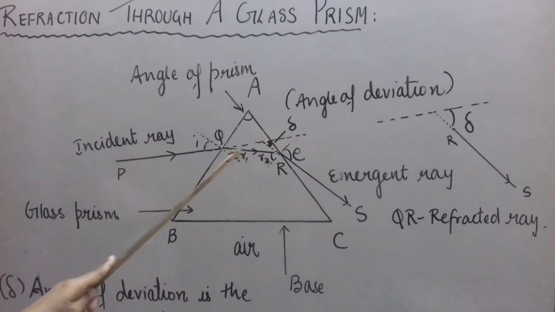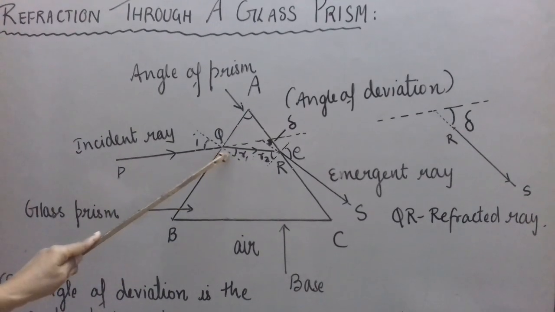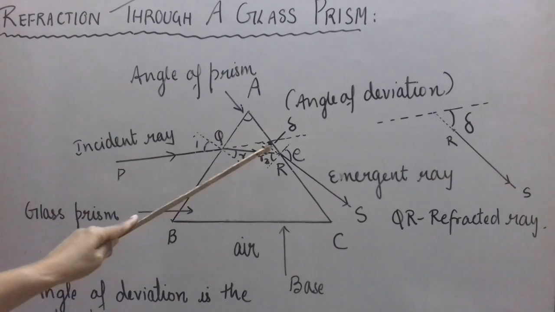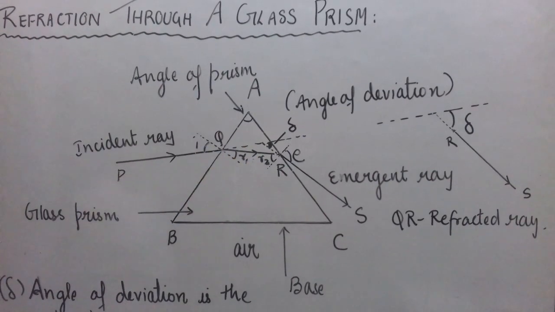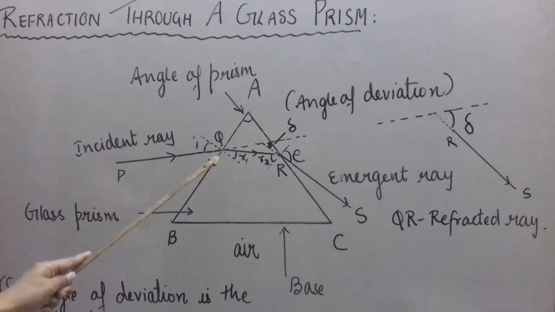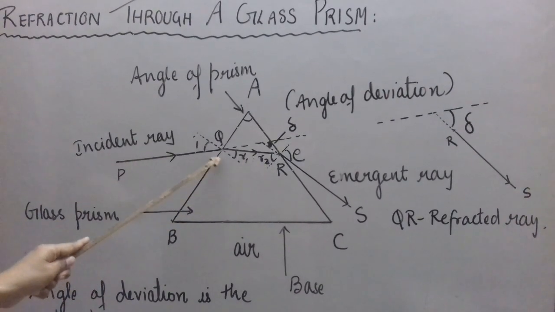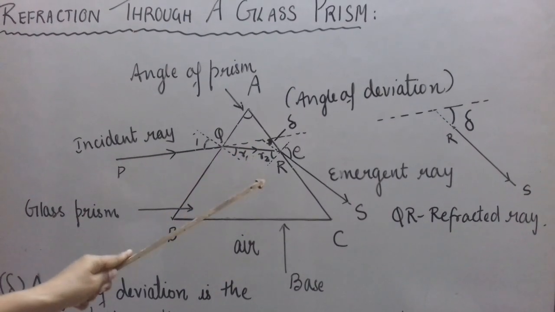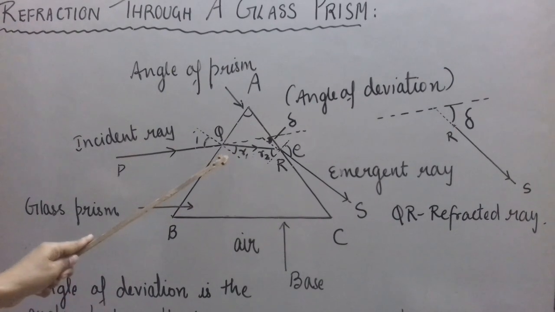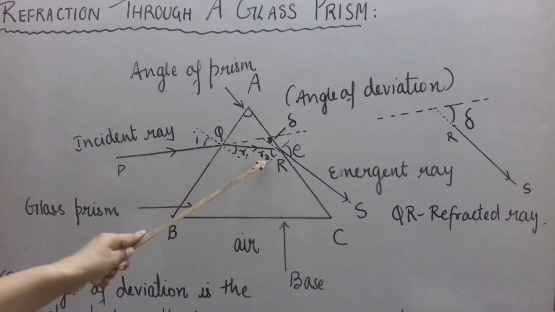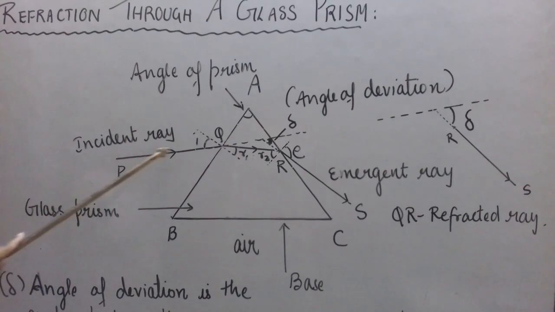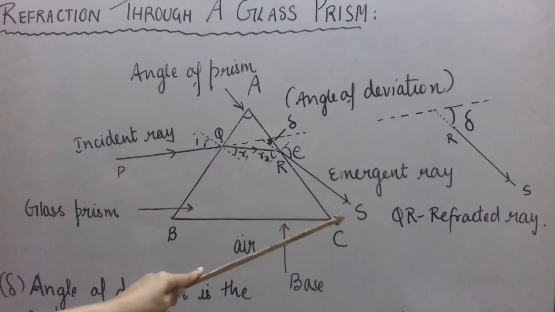Now in the case of slab, these two angles, angle of refraction in the first case and angle of incidence in the second case, were always equal and we denoted them simply by r. But here they are different. Maybe they can be the same in one particular special case, but generally they are different, so I have used the letters r1 and r2.